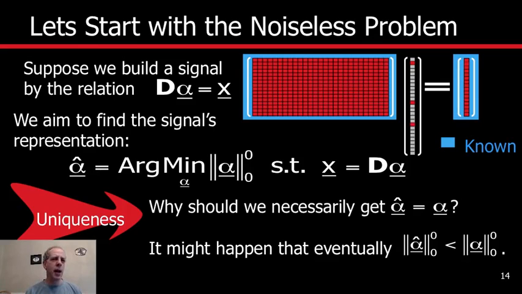The basic idea, as we have seen from this example, is that we want the dictionary D to have atoms, columns, that are as uncorrelated as possible, to guarantee that we have unique solutions and that we get back the sparsest representation that actually produced the signal.